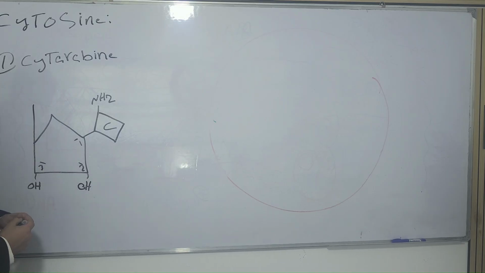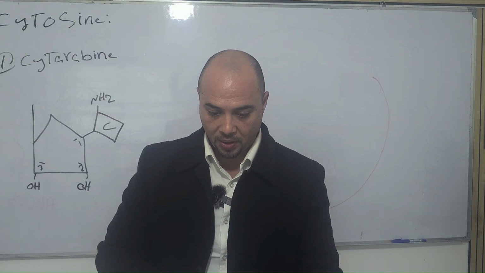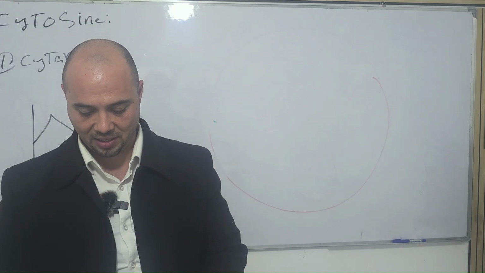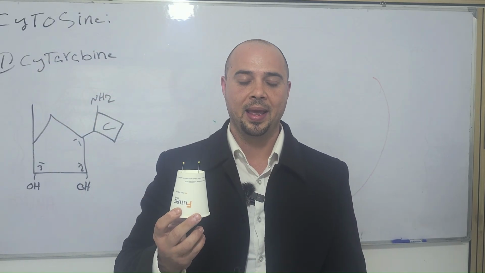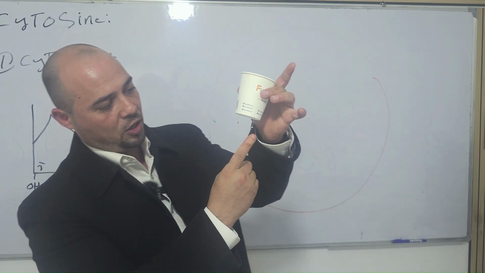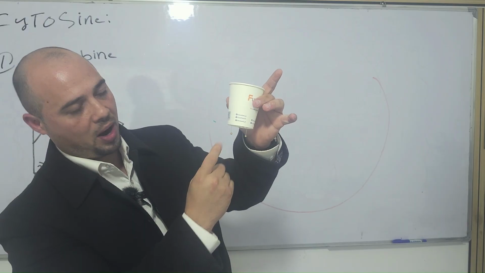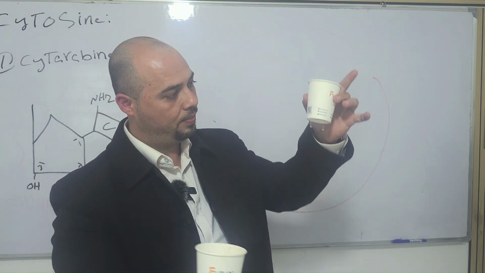Okay, that's no problem. I mean, sure, it makes the DNA less stable, but what it actually does is, consider this is the cytarabine, right? And so it has the 2' hydroxyl group, 3' hydroxyl group.